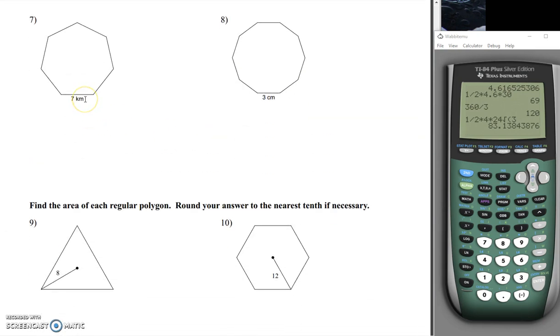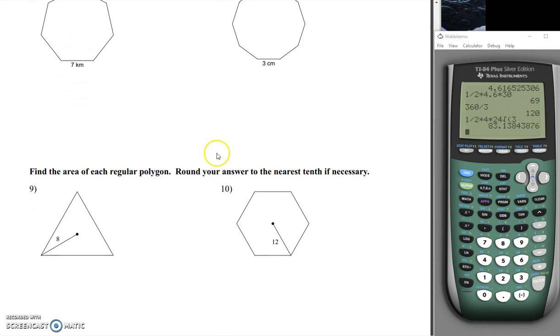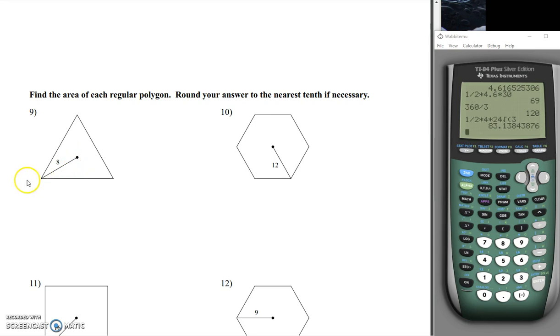There are some that you're just given the side length, in which case you have to find the apothem. And then there's some where you have the radius and you have to find both the apothem and the side length. So look at the assignments and choose carefully. Good luck on the regular polygons.